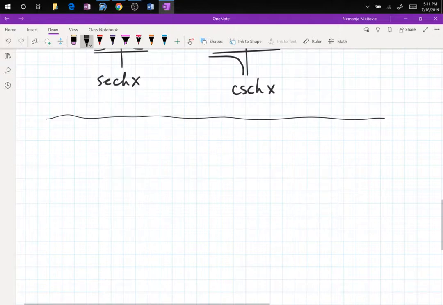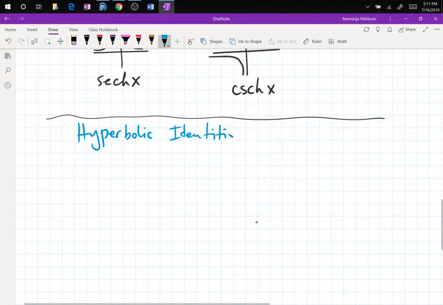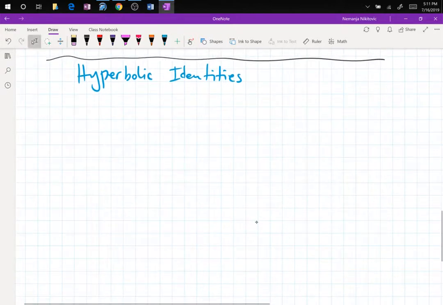So let's first list those hyperbolic identities. I am going to solve one, and then I'll ask you to pick any one you want.